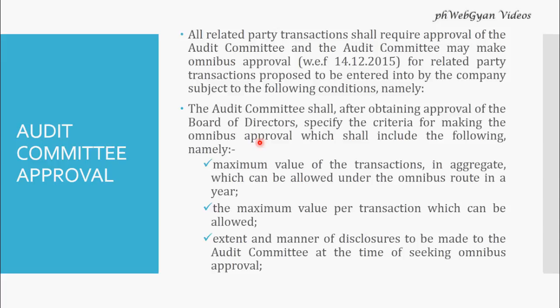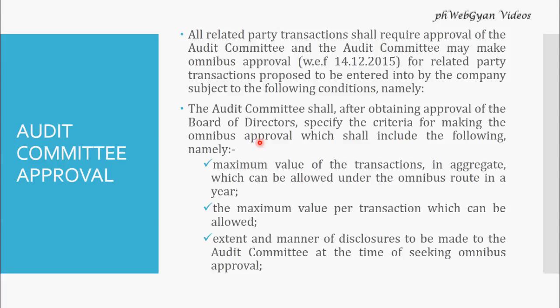Now, what does omnibus approval mean? Omnibus approval means in bulk. It means that there is only one approval for all the transactions and not a per-transaction approval. Clear? So this omnibus approval liberty is given to whom? The audit committee. From when? From 14th December 2015.